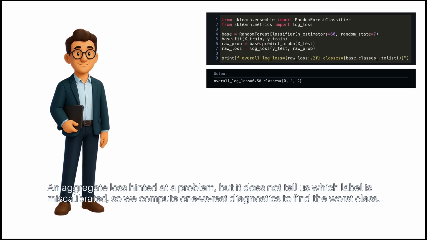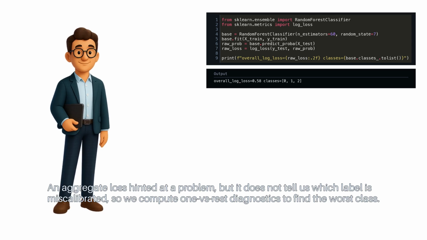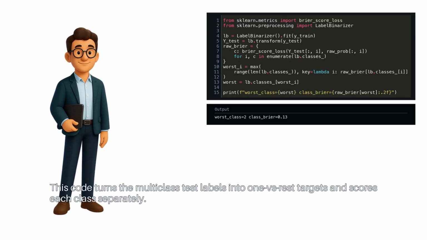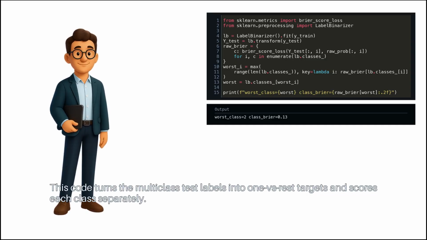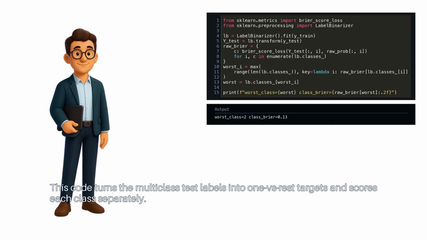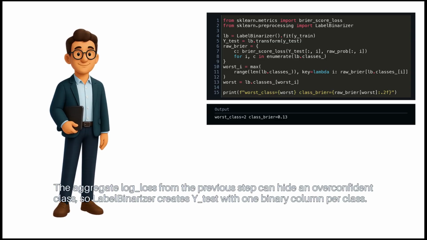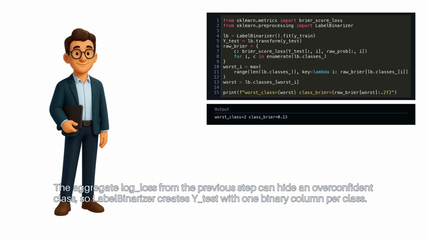So we compute OneVsRest diagnostics to find the worst class. This code turns the multi-class test labels into OneVsRest targets and scores each class separately. The aggregate log loss from the previous step can hide an overconfident class, so LabelBinarizer creates y_test with one binary column per class.